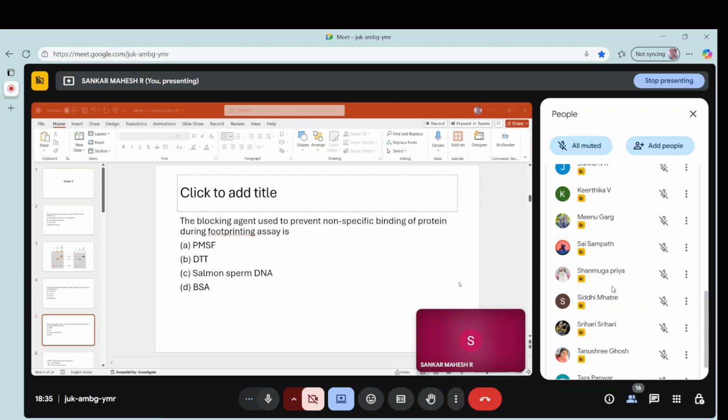You want to identify the specific protein's interaction with a specific DNA. So you try to ensure that no charge based random interactions are captured during your effort to identify this region, which is why you try to block. And for that particular purpose, people use this salmon sperm DNA.